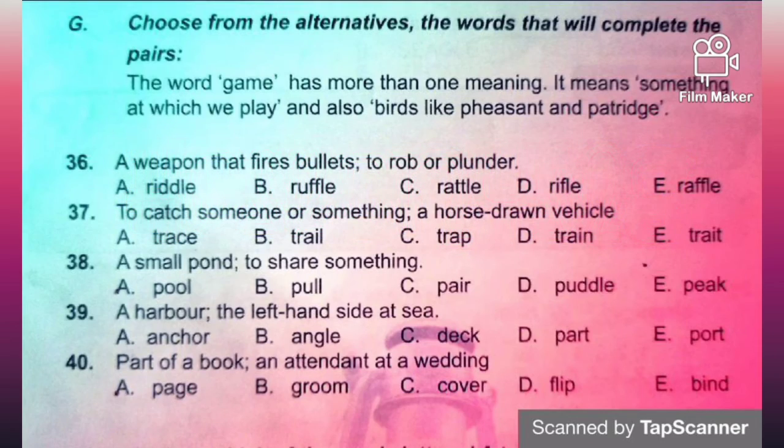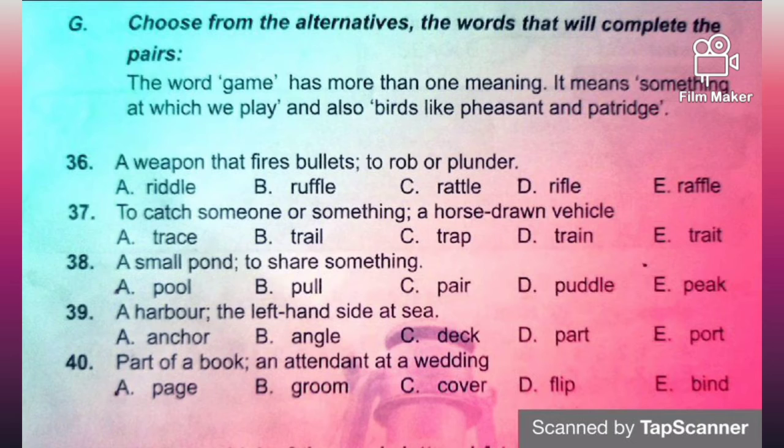Choose from the alternatives the word that will complete the pairs. Now this is where we deal with homonyms. Do you understand? One word that has the same pronunciation and the same spelling but has two different meanings. So now let's see the example given.